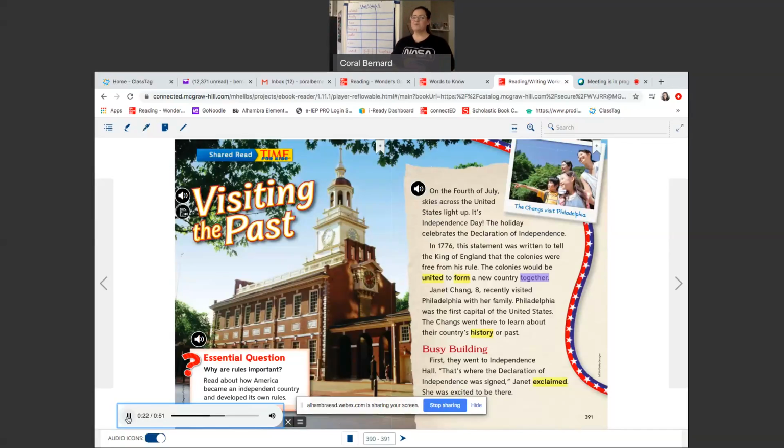The second word was form. The colonies would be united to form a new country together. If you're forming something, you're creating it. You're making it. You're putting it together. Find form right here. In the definition column, I'm going to write to create or put together.